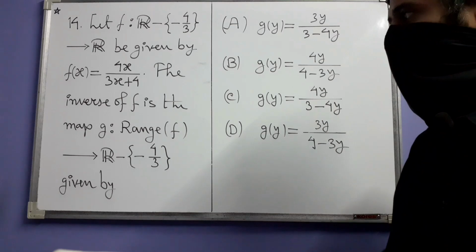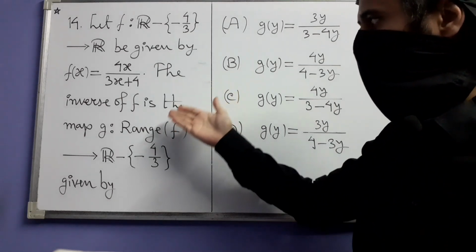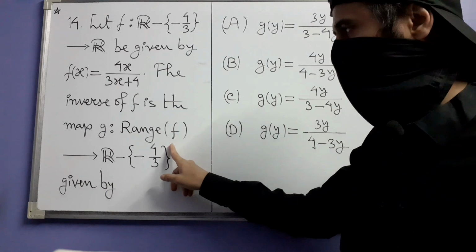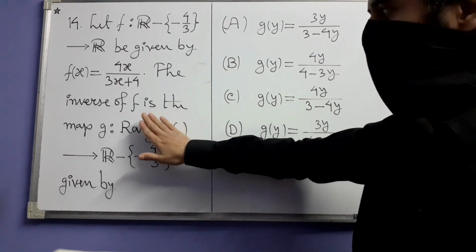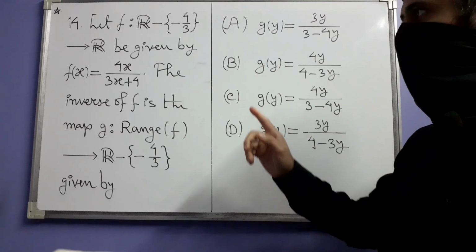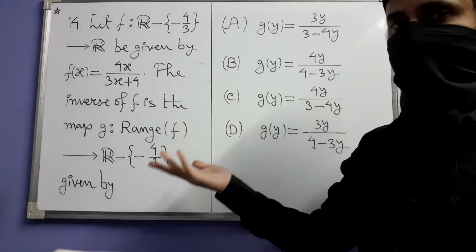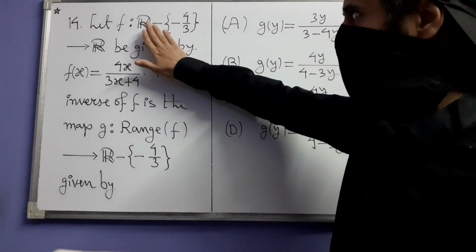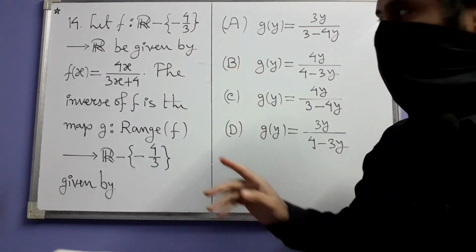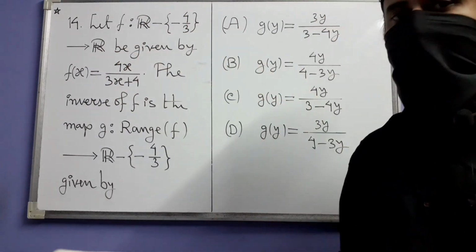And it turns out that f has an inverse, which is this map g from the range of f. Actually, it's not exactly okay to say that f has an inverse, but rather that other map has an inverse whose domain is this and whose range is the range of f, and the formula is equal to this.